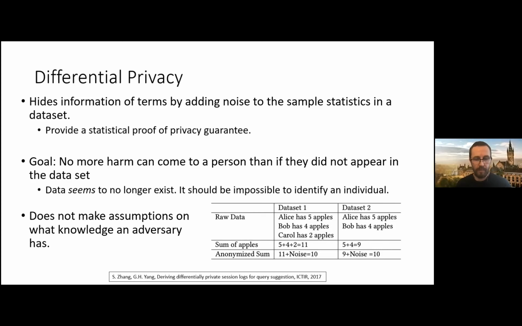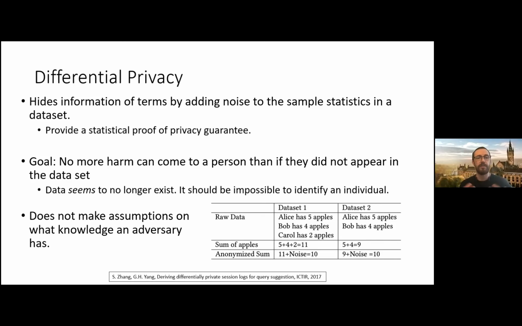They want to add noise to the numbers or the distributions, the samples of the actual queries that are included in the logs. So here in data set 1, Alice has 5 apples, Bob has 4 apples, and Carol has 2 apples. And in data set 2, Alice has 5 apples and Bob has 4 apples.